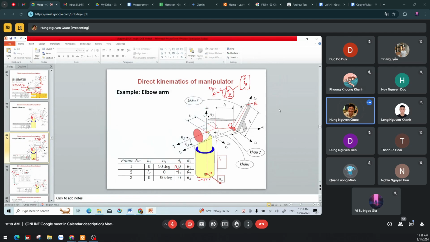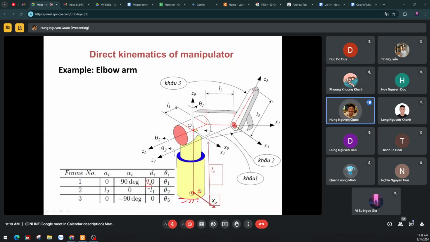Delete that. Okay, so this is another one. The only difference in this case is if I choose X0 here, not at this point but X0 here. Why did I put a minus here?